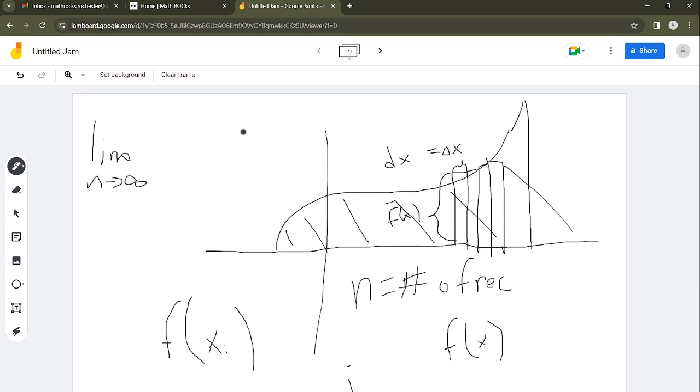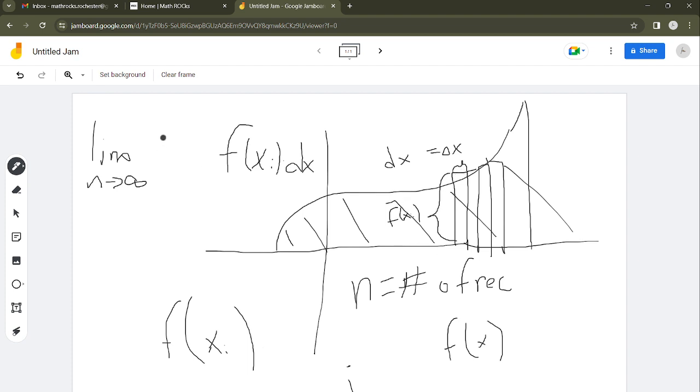So let's write that in our formula. Times dx. So this here represents the individual rectangles.